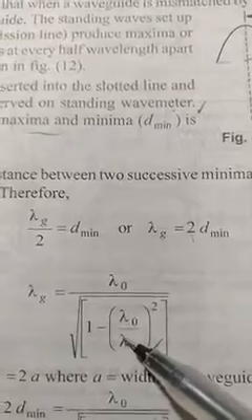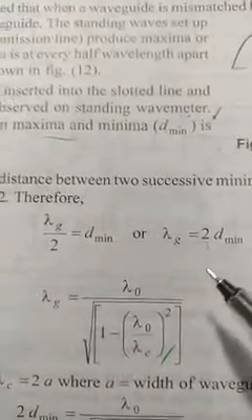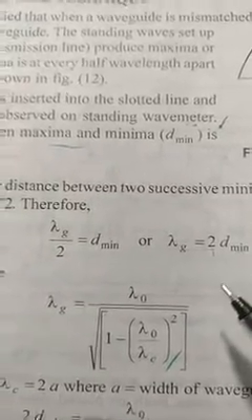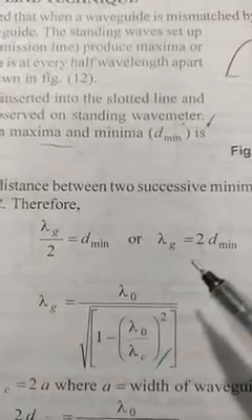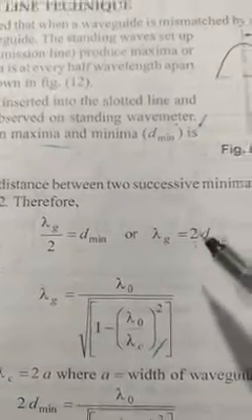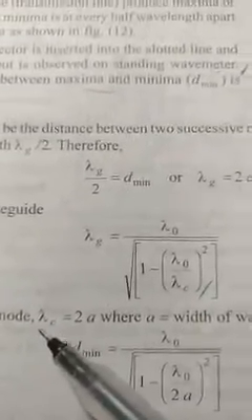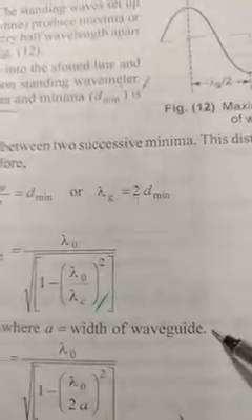Lambda c we can calculate from the dimension of the waveguide which we are using, by measuring with the help of a scale. For the TE10 dominant mode, lambda c is equal to 2a, where a is the width of the waveguide.